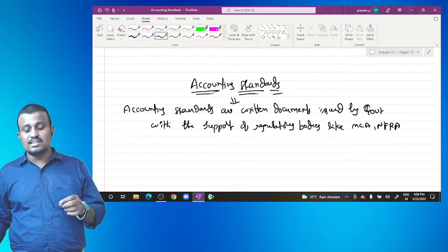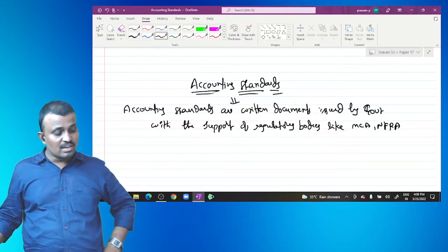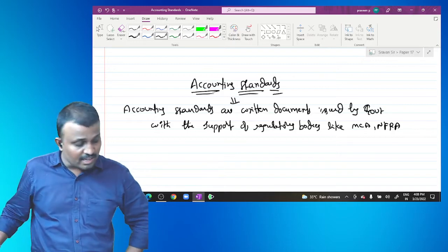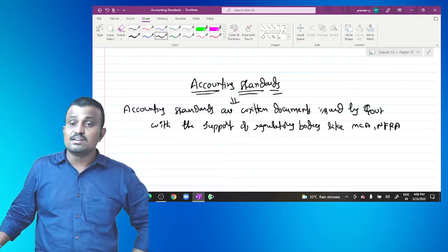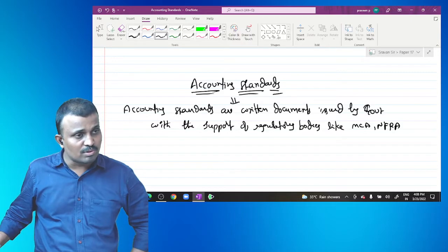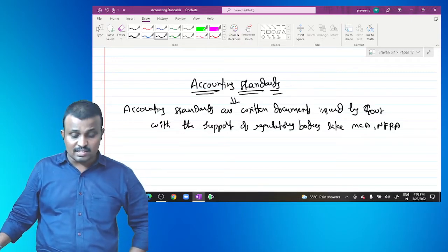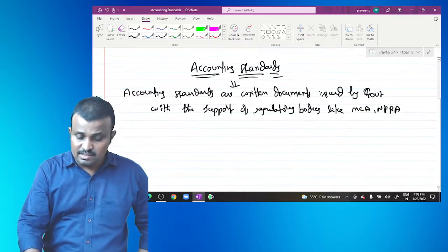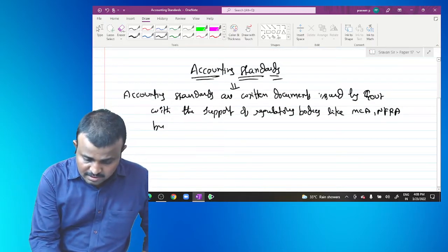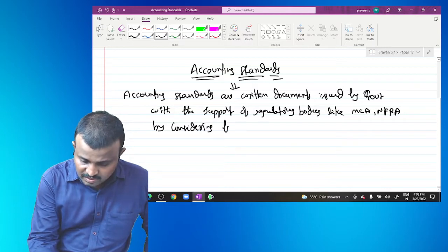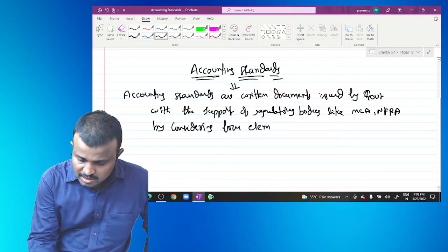Accounting standards are nothing but written documents issued by the government with the support of regulatory bodies like MCA and National Financial Reporting Authority, by considering four elements.